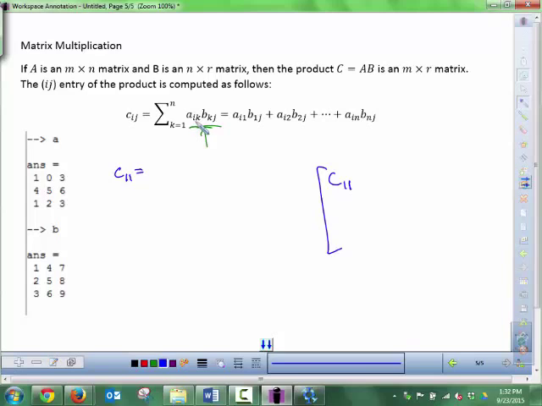Taking the first row of A, and j is also equal to 1, taking the first column of B. And what we essentially want to do is multiply 1 times 1 plus 0 times 2 plus 3 times 3.